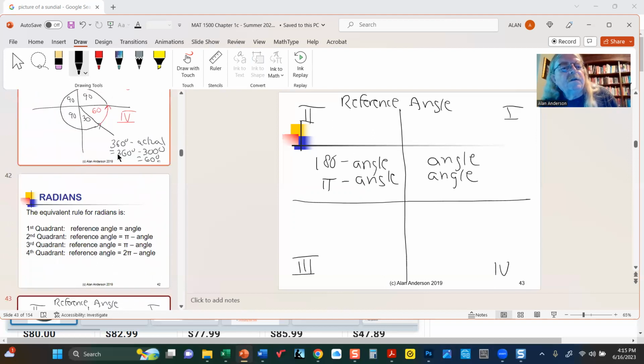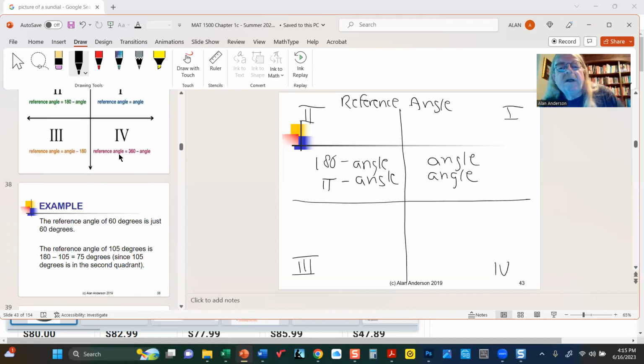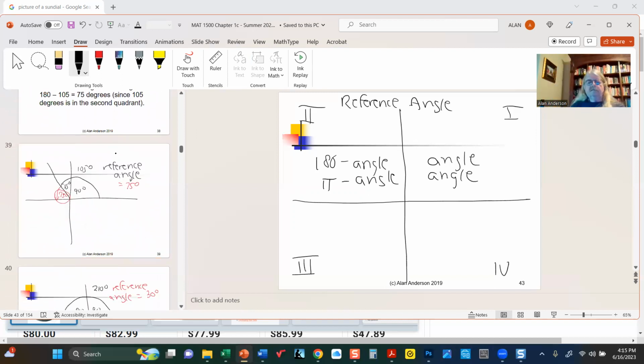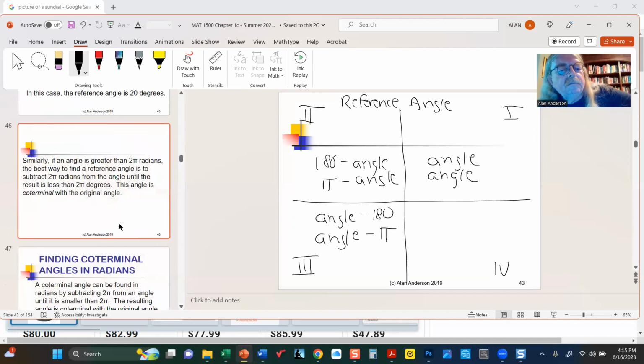In the third quadrant, it's angle minus 180, which implies in radians, it's angle minus pi. Oops.